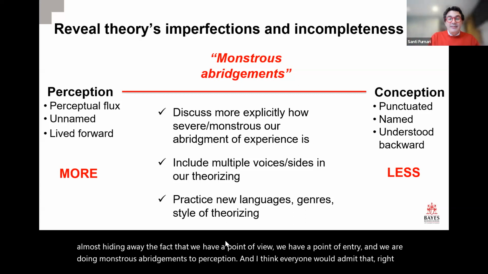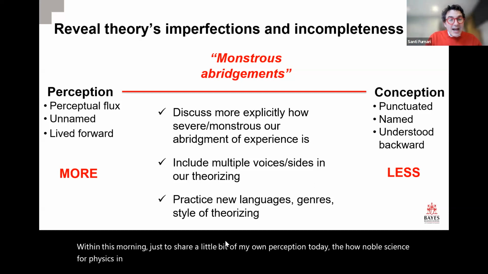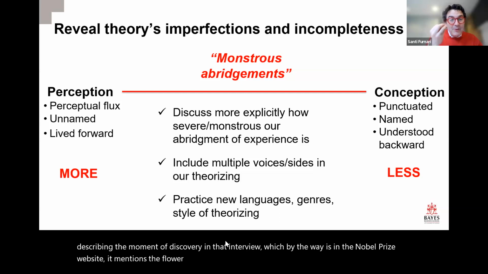I was just reading this morning, just to share a little bit of my own perception today, how the Nobel Prize winner in Physics in 1964 came up with the idea of maser and laser afterwards. And in describing that moment of discovery in that interview, which, by the way, is on the Nobel Prize website, he mentions the flowers and the park where he was when he thought about all the experiments he did.